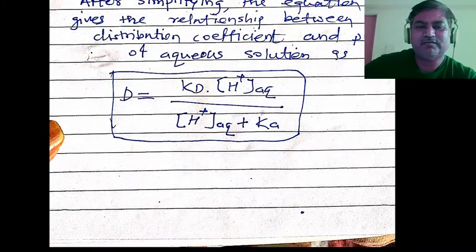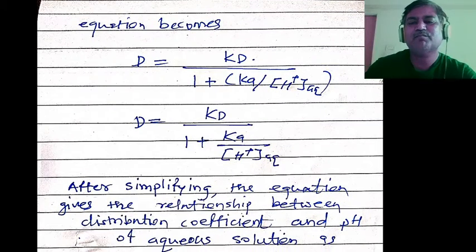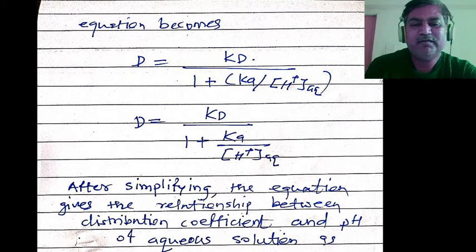Then the next slide is this one. This is now the final equation. Equation becomes D is equal to Kd upon 1 plus Ka upon H plus ions concentration in aqueous phase. That is, numerator and denominator are divided by the value of HA in aqueous phase. We get this equation.